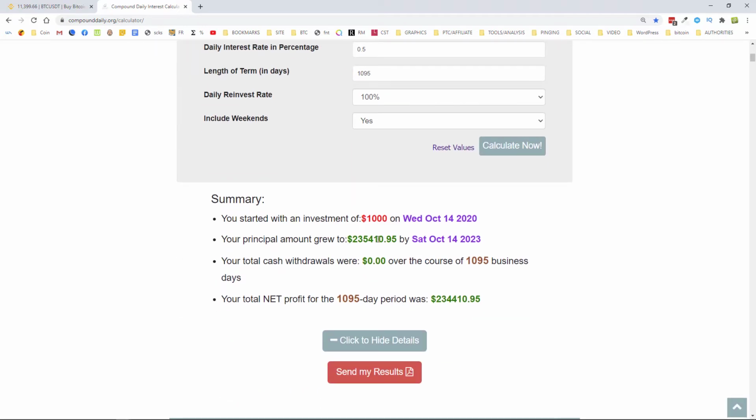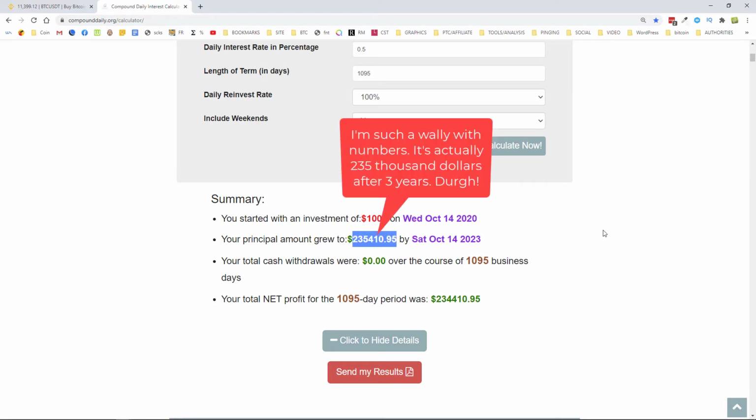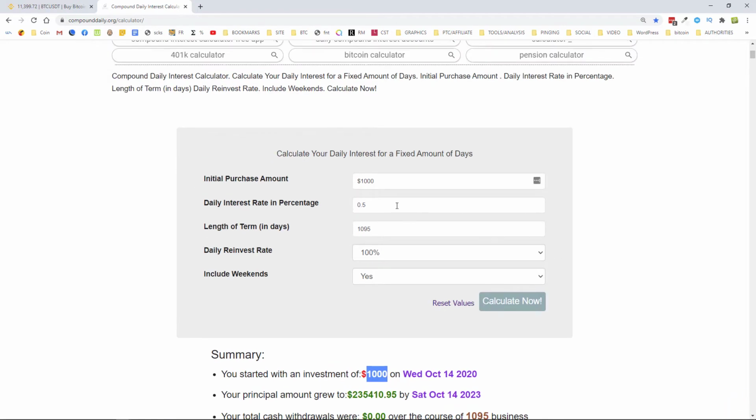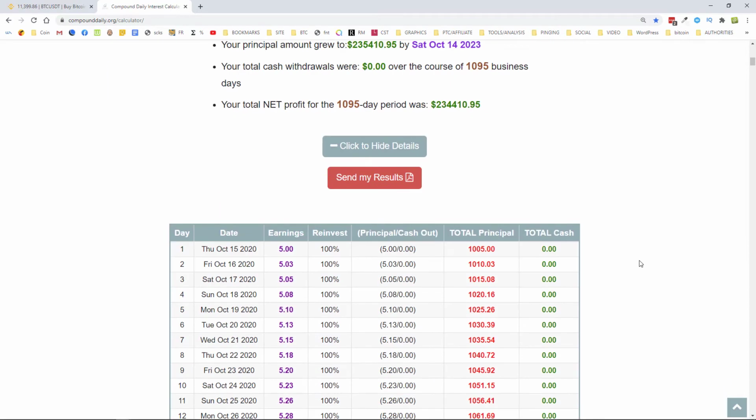All right, so there is $2,350,410. So it's $2.3 million there after 3 years. Okay, that is still a staggering number when you started off with $1,000. And that is from just 0.5% profit per day.